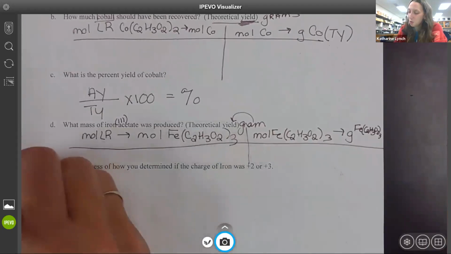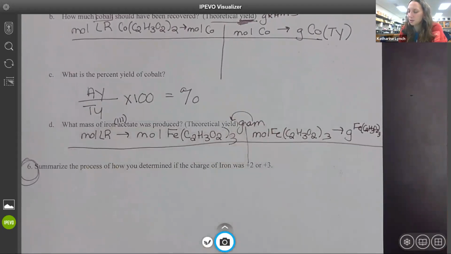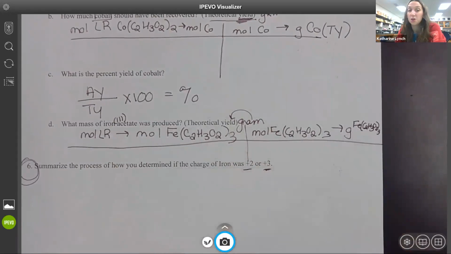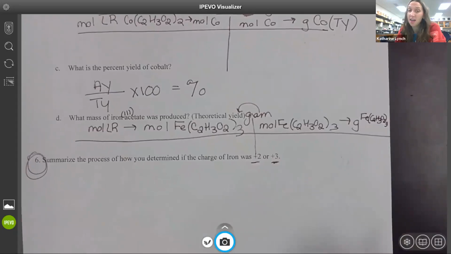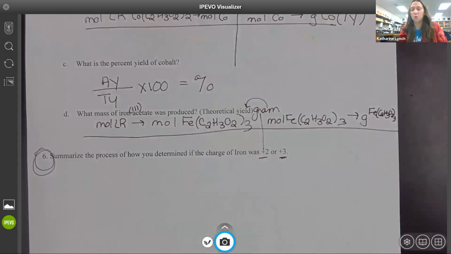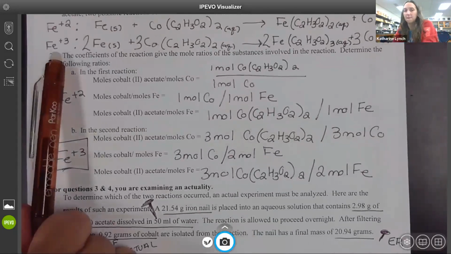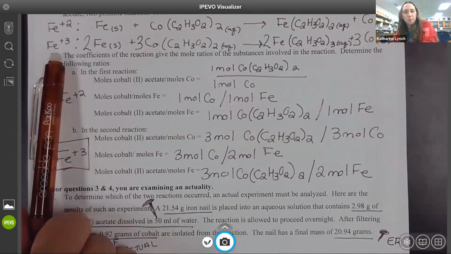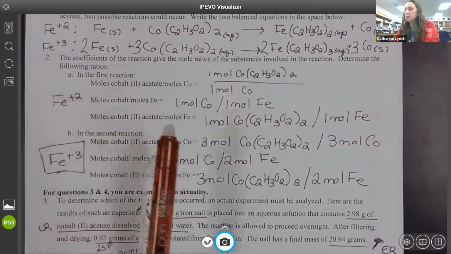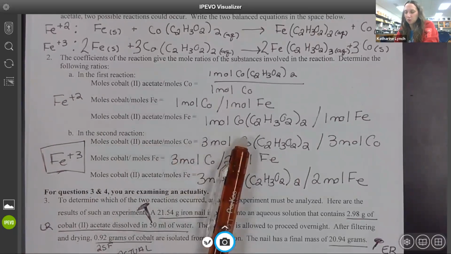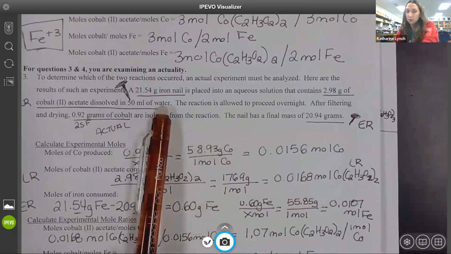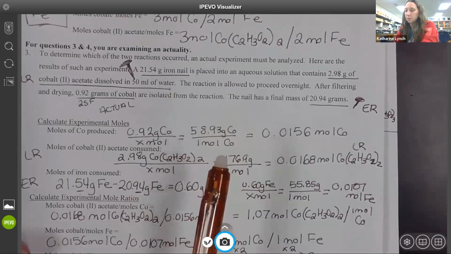Then the big question: summarize the process of how you determined the charge was iron plus 2 or 3. You need to talk about how you knew that this was an Fe plus 3. What did you do? Think back. First, you looked at actual mole-to-mole ratios. Then you were given data in grams from an experiment.